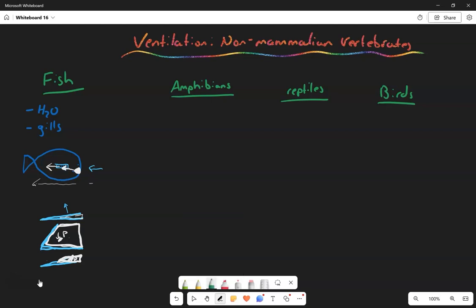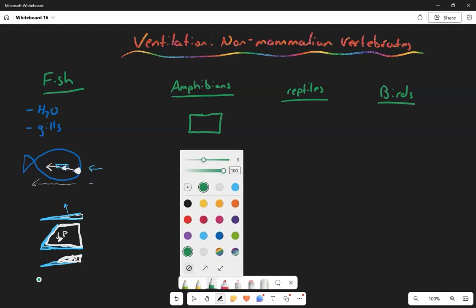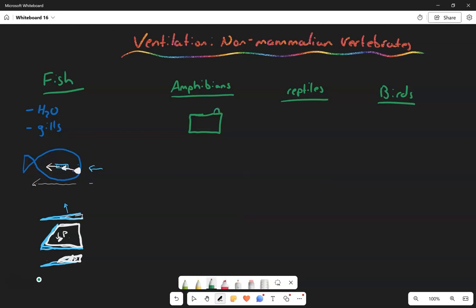So I'm going to draw their buccal cavity as just a box, right? Sorry, not the opercular cavity, the buccal cavity as a box. Okay, and on that box, I'm going to put the nares, and we're going to open this up to the outside world with our nares opening up.